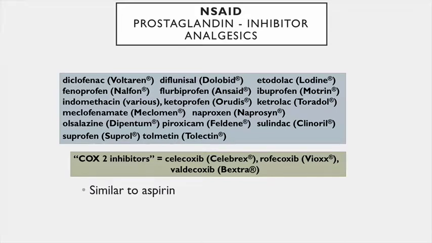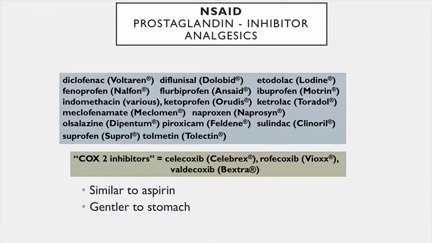So basically, when we are talking about these non-narcotic analgesics, what we saw with aspirin is it works really well, right? The salicylates work really well, but there is that association with the GI bleed. And so these drugs were designed to work like aspirin, but not cause the GI bleeding.